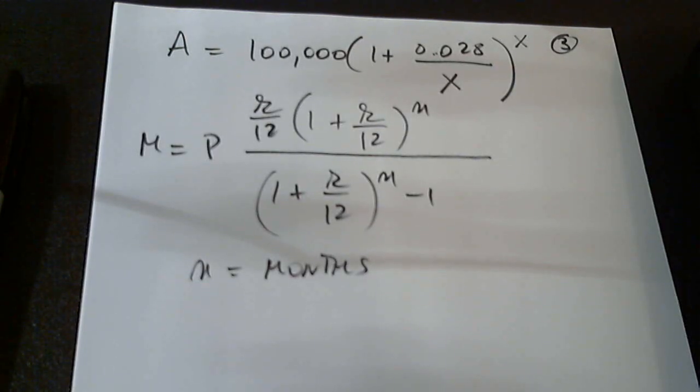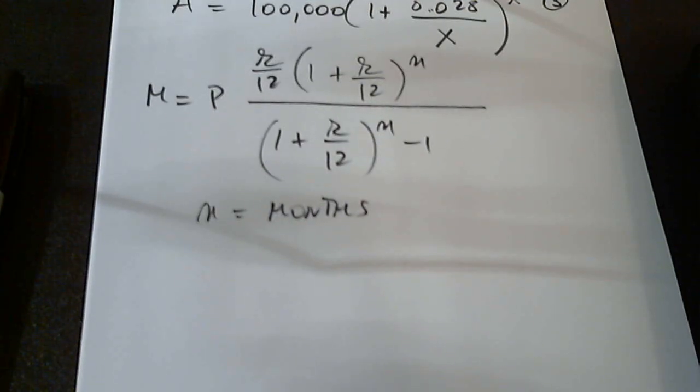Fermat's Last Bank makes a car loan of $18,000. That's the P, the principal, at 4.6% annual interest, over a period of 3 years. Remember, N must be in months. How many months is 3 years?